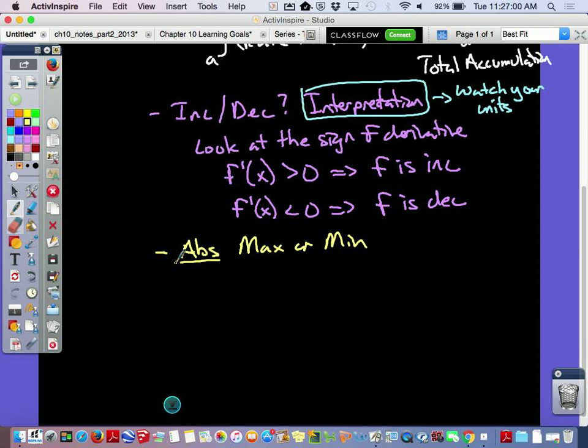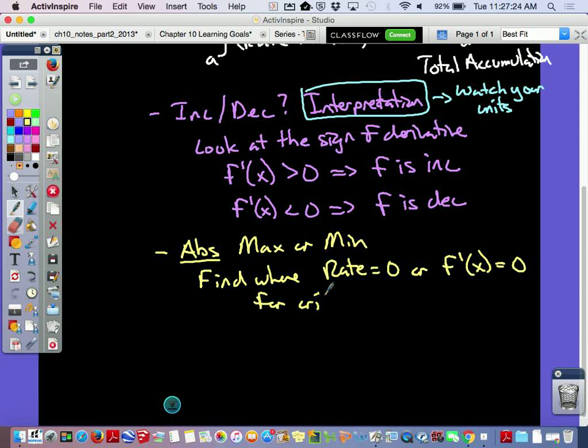And so for this piece, what you're going to need to do is find where the rate equals 0, or we can also think about where the derivative is equal to 0. If we can find where the rate equals 0 or the derivative is equal to 0, this helps us find the critical values.